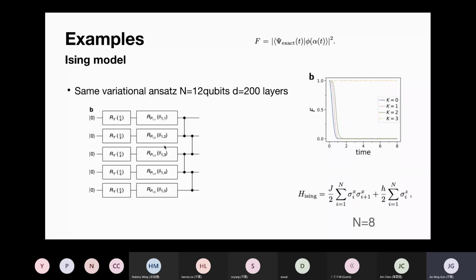The fourth example is an easy model, and in this case they simulate n equals 8, using the same variational ansatz. But let me remind you that it doesn't have any classical-quantum loop, because although there are parameters you can see, these parameters are not updated since it doesn't use any gradient descent.